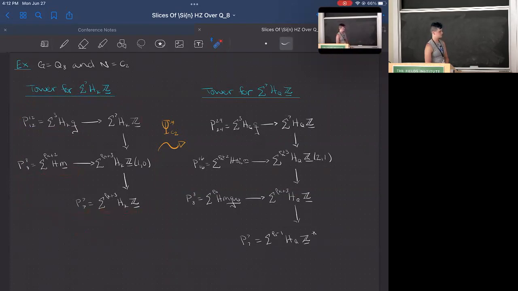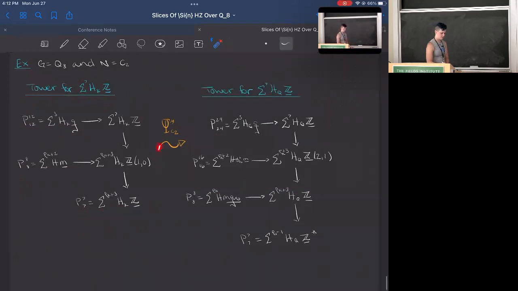All right, now when we apply psi star, our sigma 3 HKG becomes a sigma 3 HQG, and our 12 slice becomes a 24 slice because the order of C2 is 2.